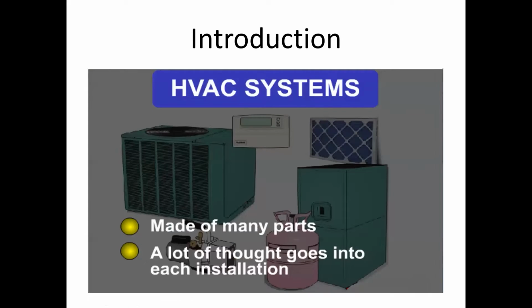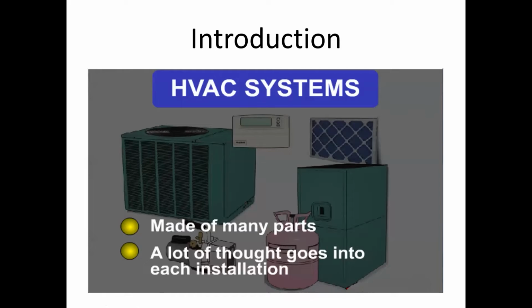Right. So any HVAC system is a sum of its parts, right? Not only do you have the equipment, but you've got the refrigerant lines, the low voltage wiring, the high voltage wiring, the ductwork, and the thermostat.